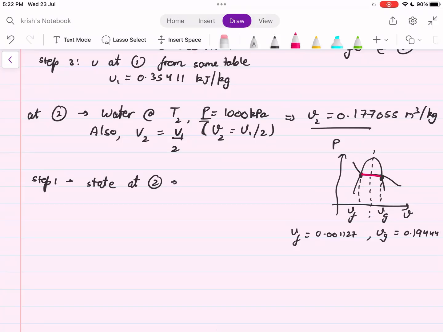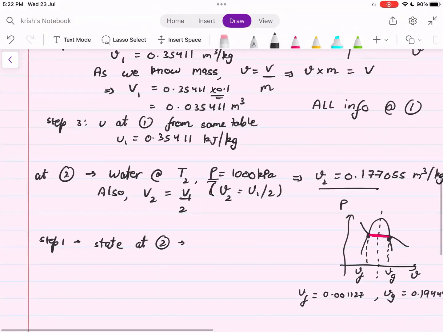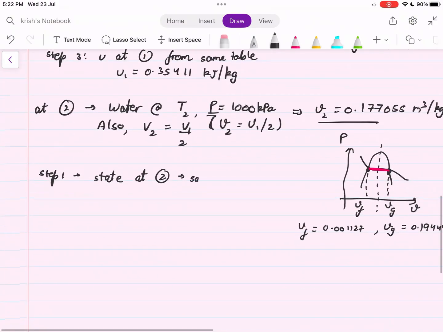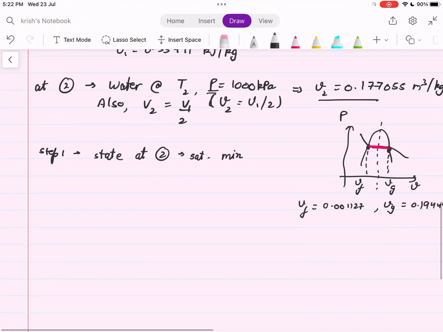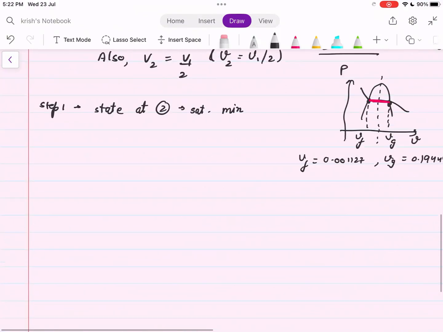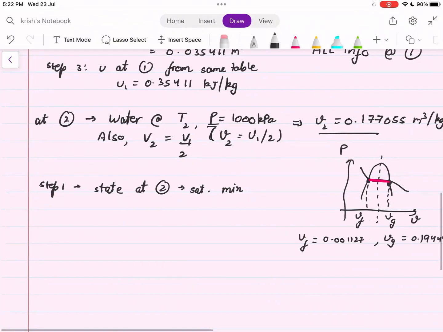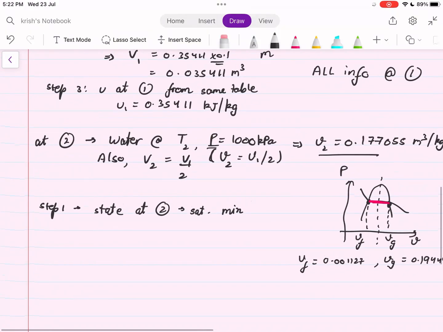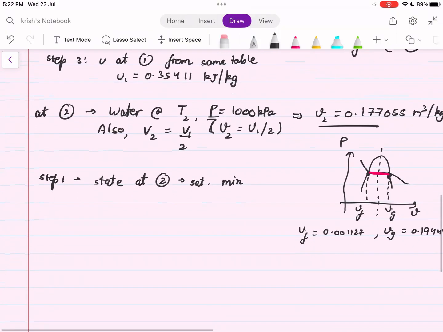That is, it lies on this line, which means saturated mixture. Now, since it is a saturated mixture, we cannot directly find the value of U and all, right? First, we will have to determine the quality factor. Value of V we were able to directly find because it was given to us that the value of V is halved from the initial state. But you can't say the same for U, right?